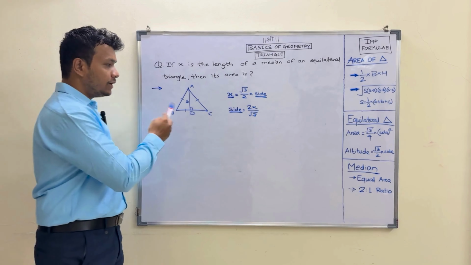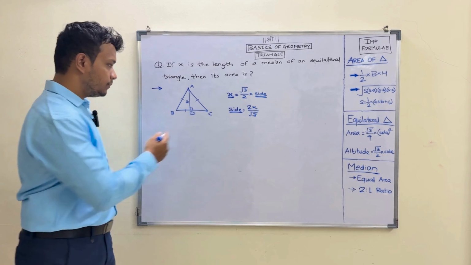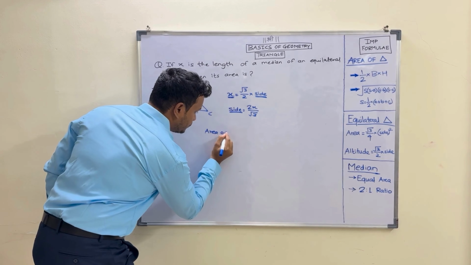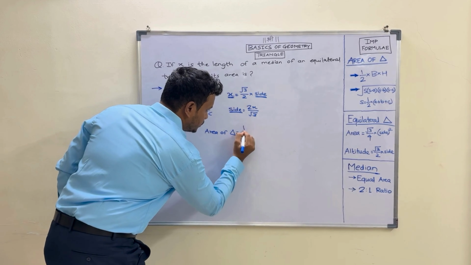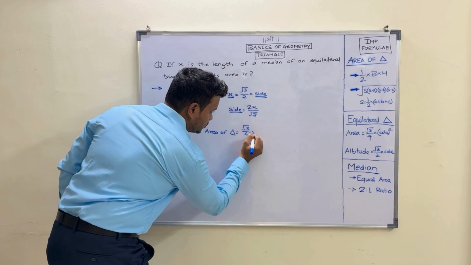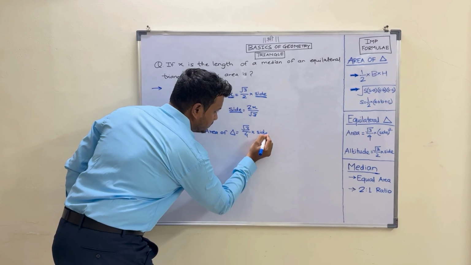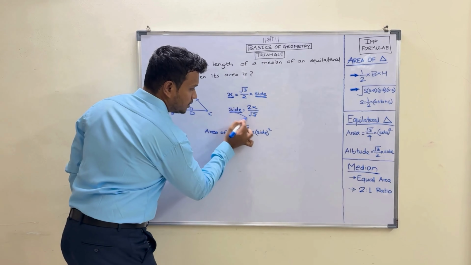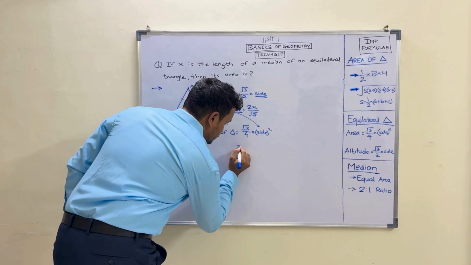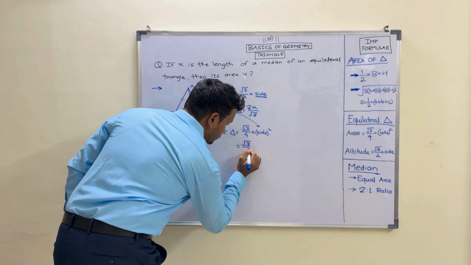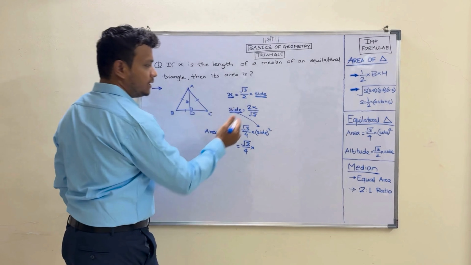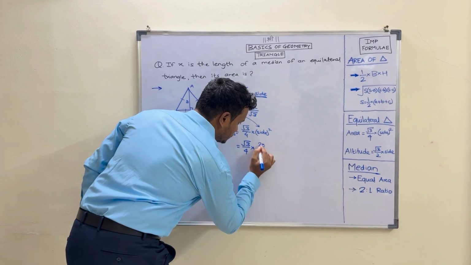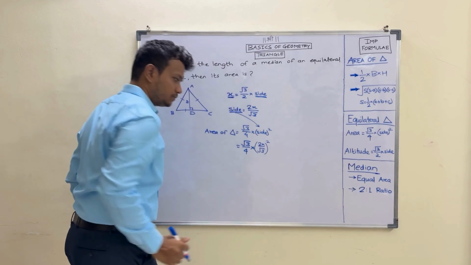Now, we know how we can compute the area of an equilateral triangle. Area of an equilateral triangle is root 3 by 4 into the square of the side, correct? So I can just put this value here in the side. What is the side? 2x by root 3, square of this term, correct?